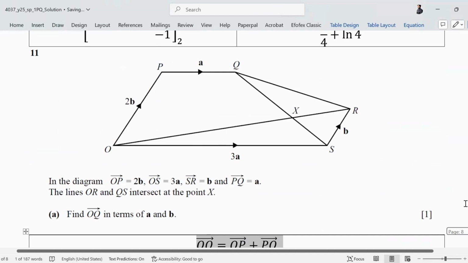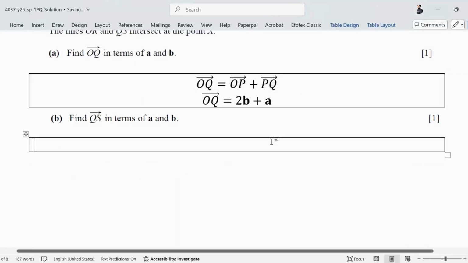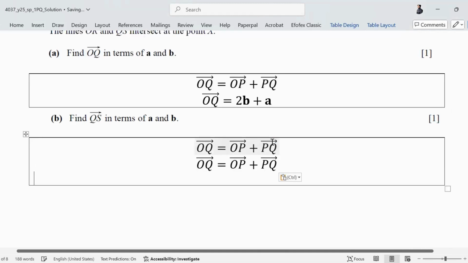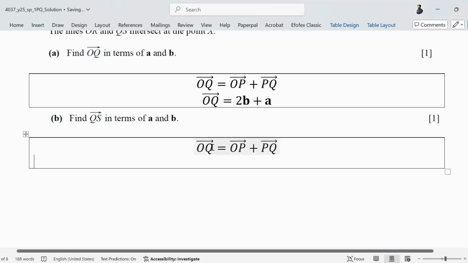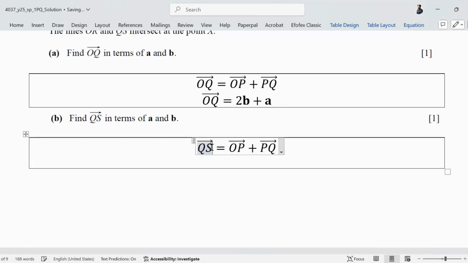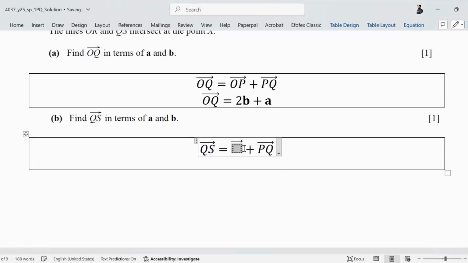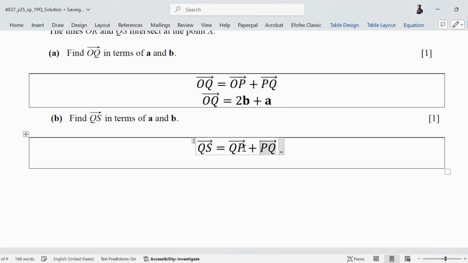So for QS, I'll go QP, PO, and then OS. So for QS, I'll go QP plus PO plus OS.